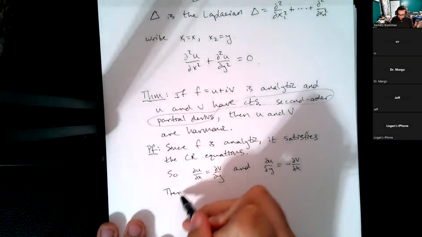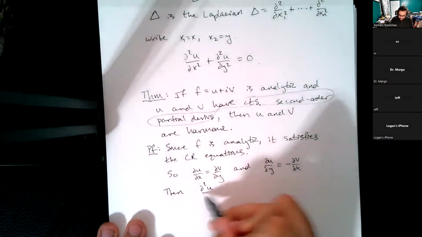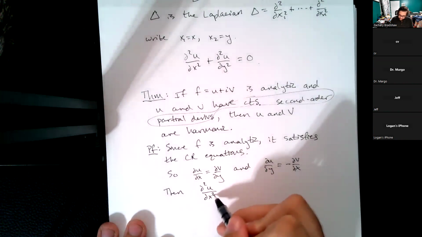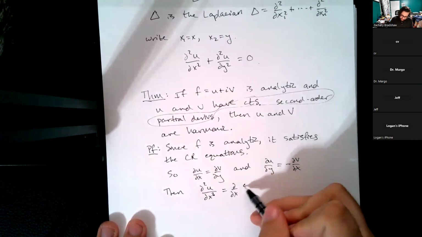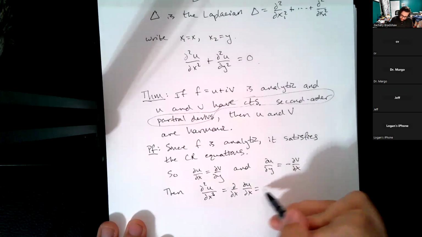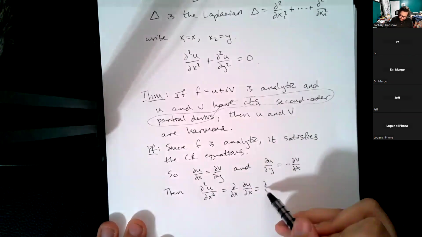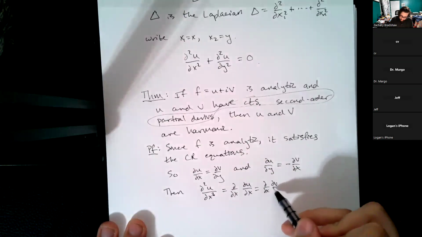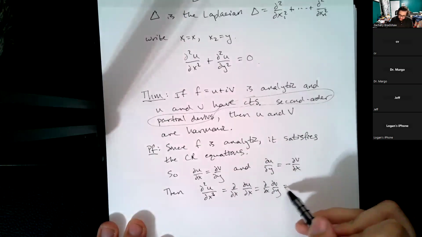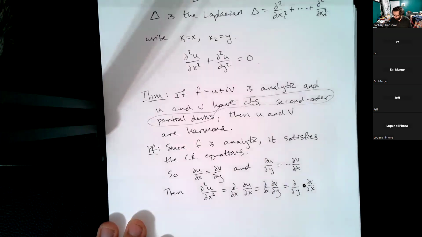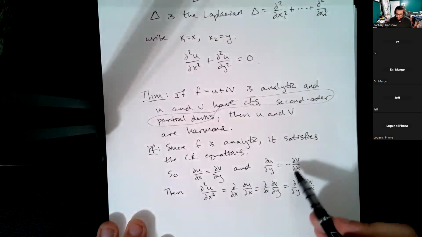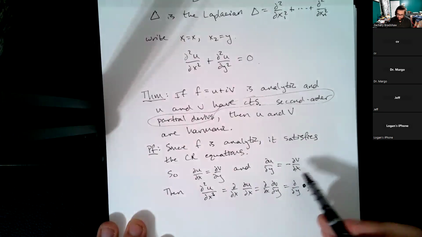Okay, well then it follows that the second derivative of u with respect to x, well, we can take out one of those derivatives, and du dx is dv dy by the Cauchy-Riemann equations, and we can always swap the order of our partial derivatives. And now I can apply this second Cauchy-Riemann equation.